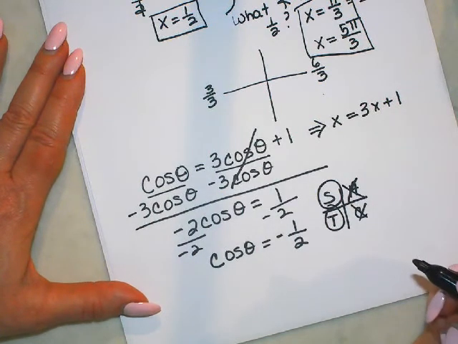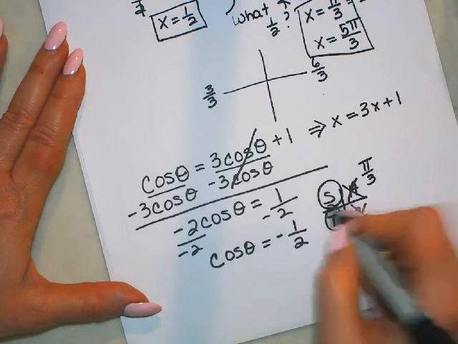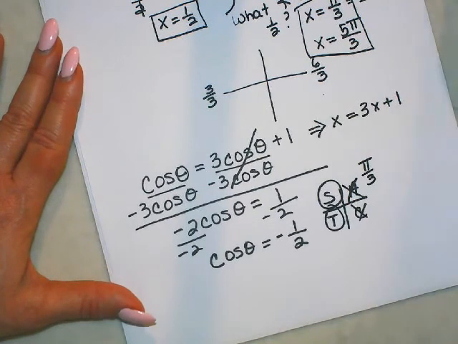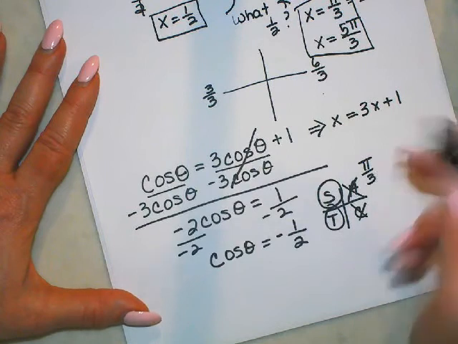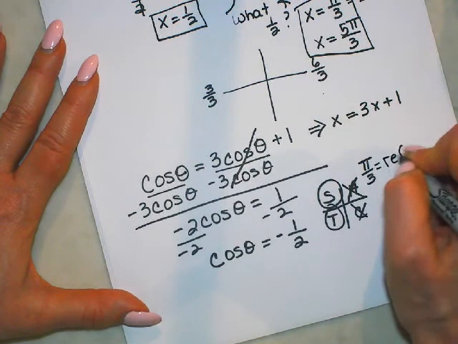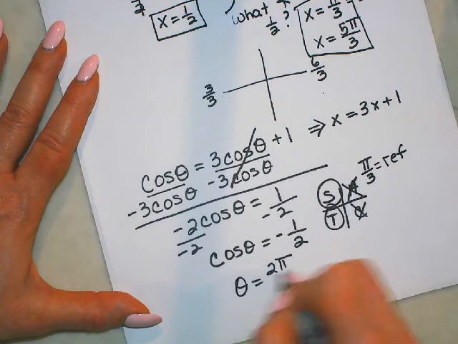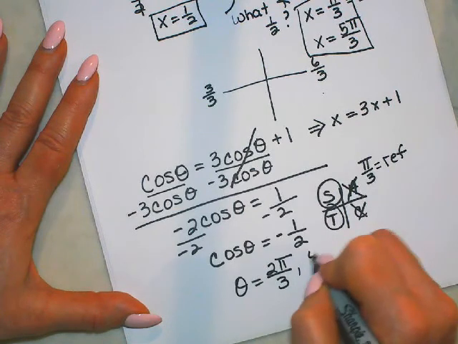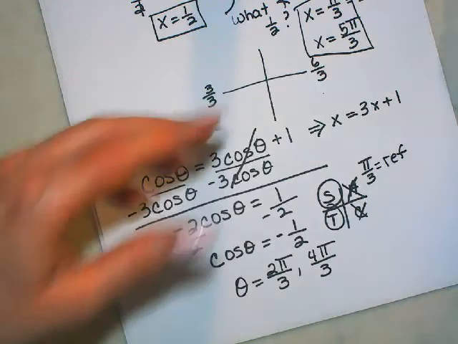I'm here and here. The angle that has a cosine of 1/2 is pi over 3. But I need it in this quadrant. And again, you could just use your unit circle at this point. In quadrant 2, if this is my reference angle, theta is going to be 2 pi over 3 and 4 pi over 3.